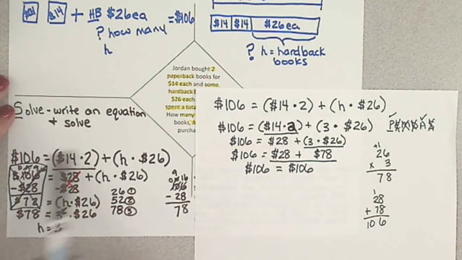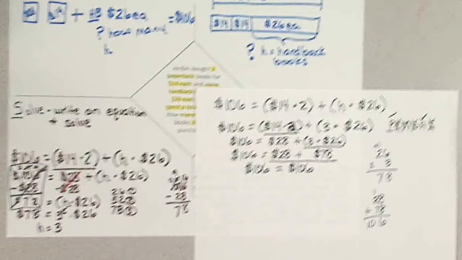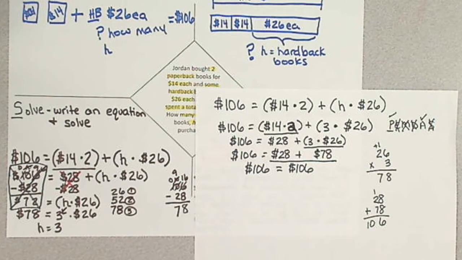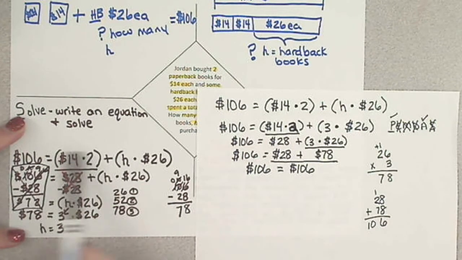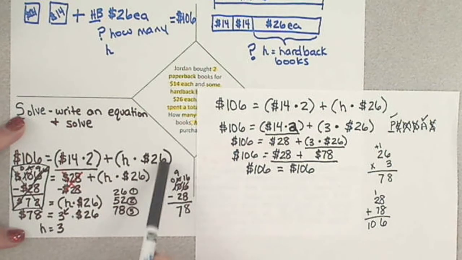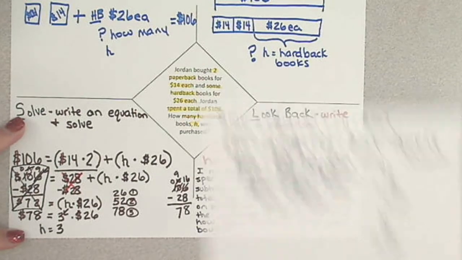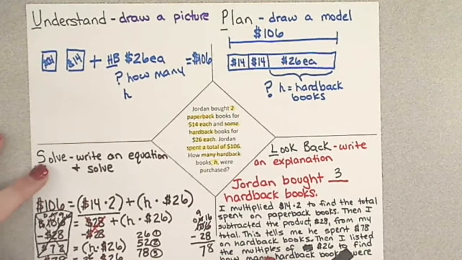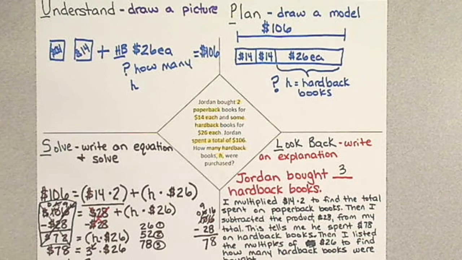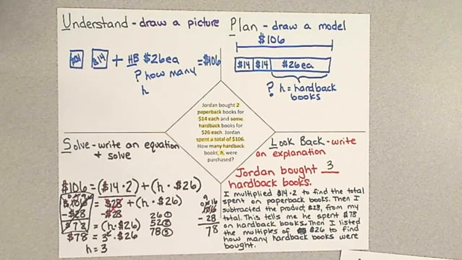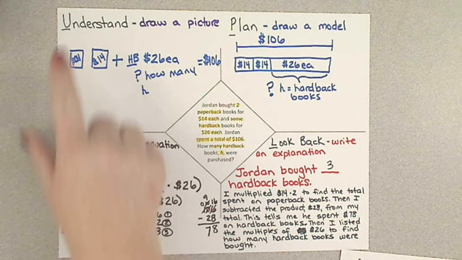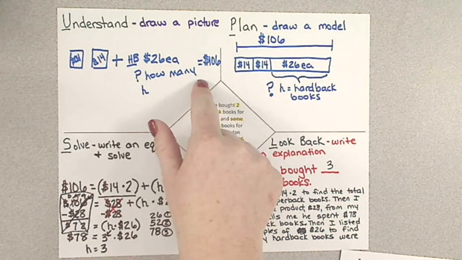Now, the way that I solved this may not be the way that you would have solved it. But no matter what, the expectation is that you do create an equation to solve this problem. So now we have a full UPSL breakdown. We understood it by drawing a picture.